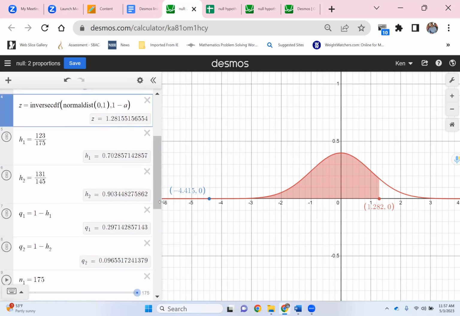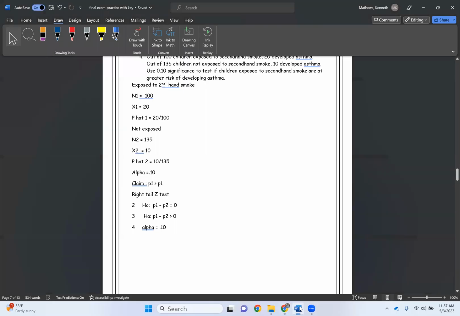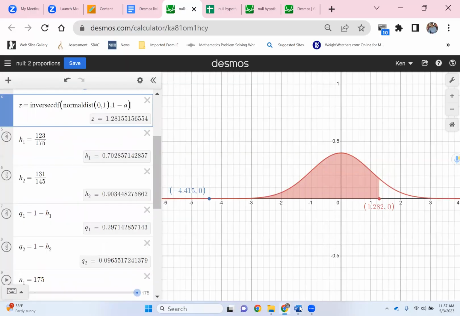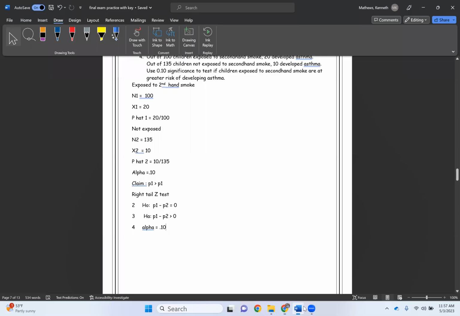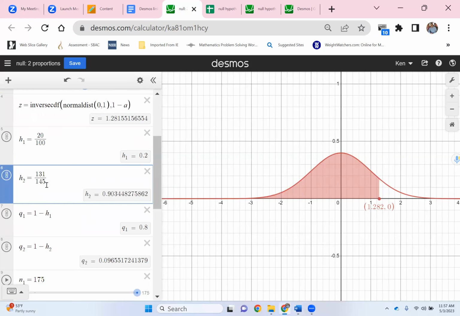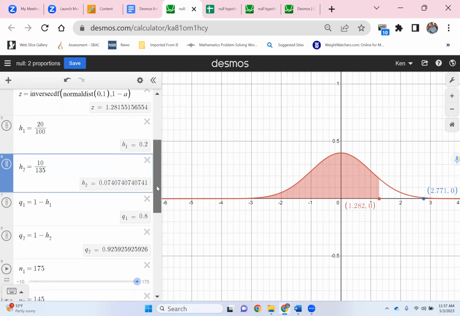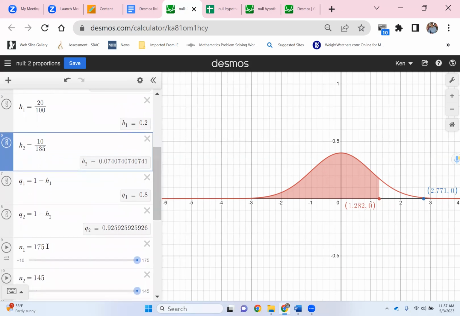Okay, so P hat 1 is 20 over 100. P hat 2 is 10 over 135. N1 is 100.